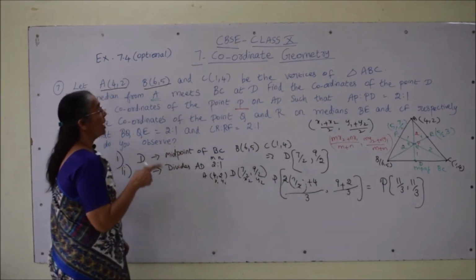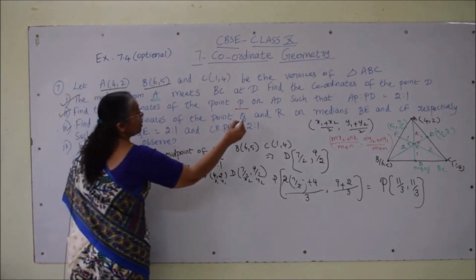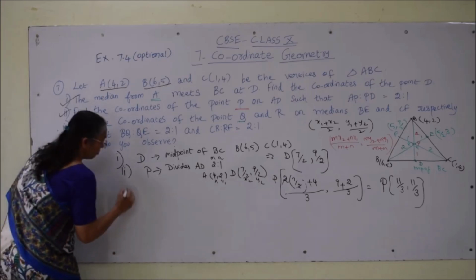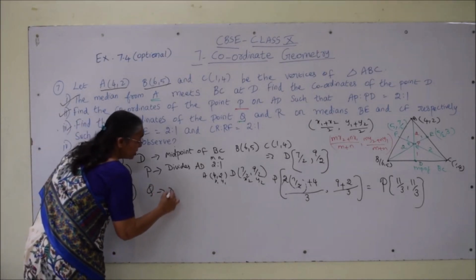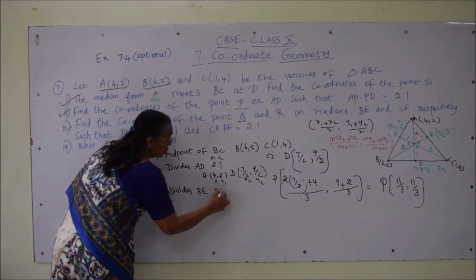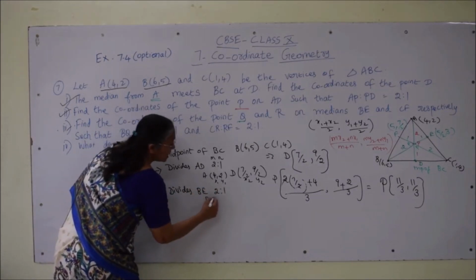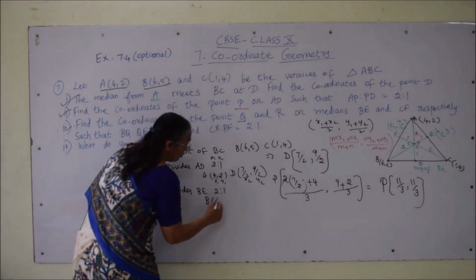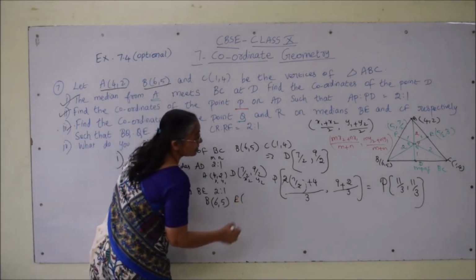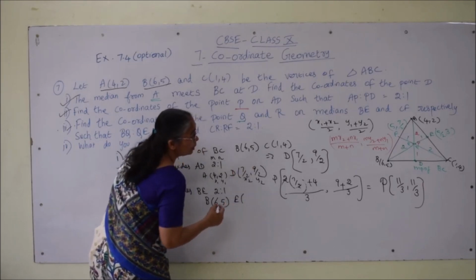To get the point Q, Q divides BE in the ratio 2:1. B point is (6, 5) and E point is (5/2, 3).